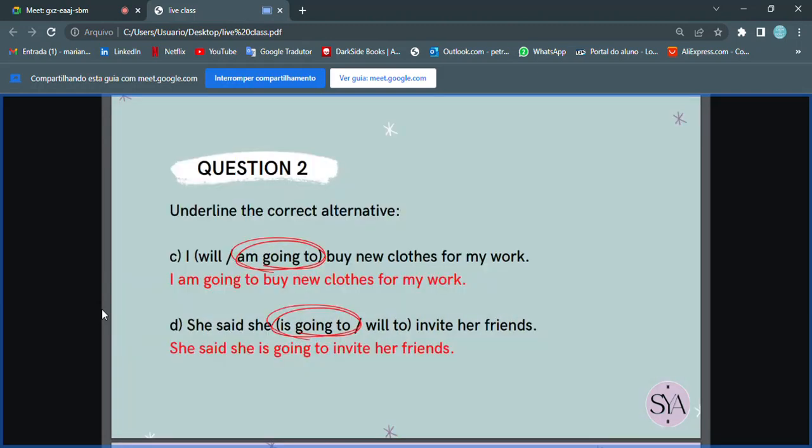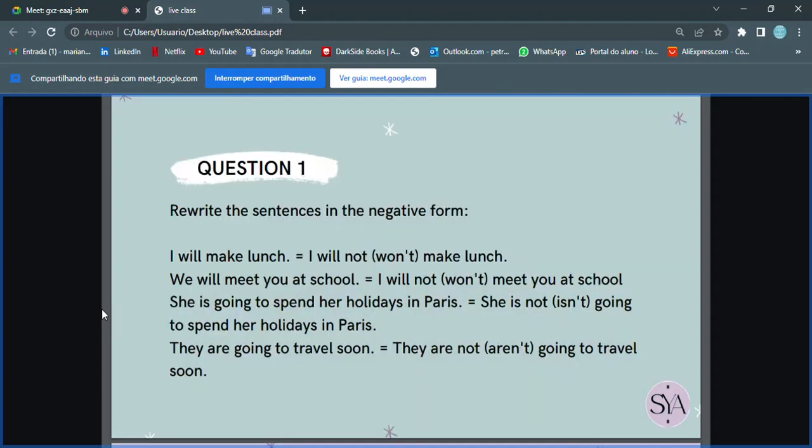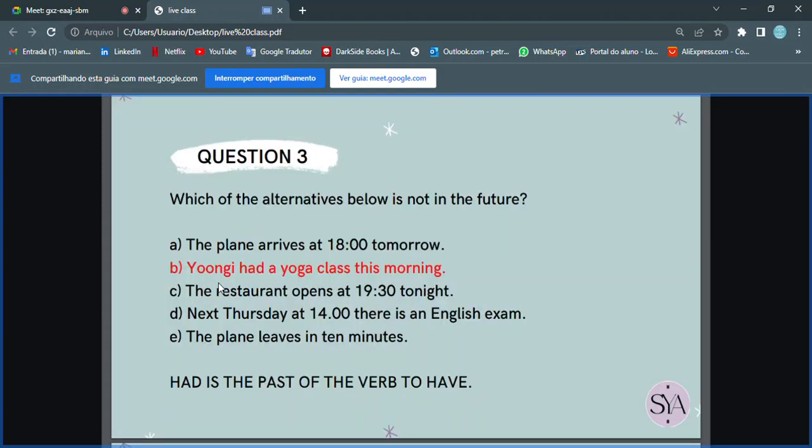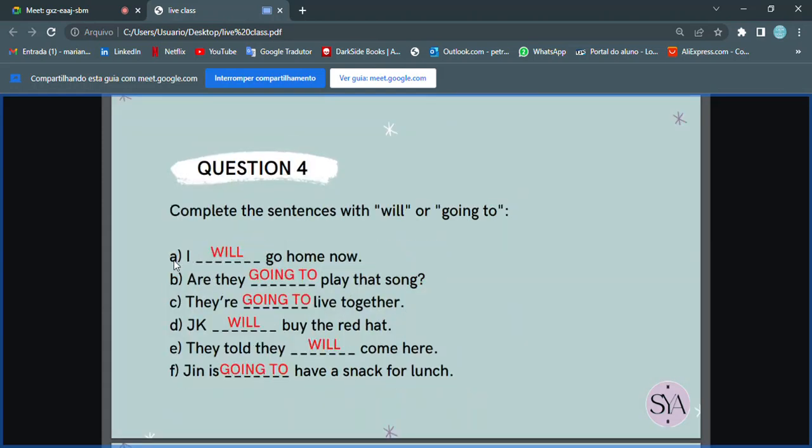I said that we don't use the will with the to be verb, right? You don't see "I am will make lunch" or "we are will meet you at school." We don't use the to be verb together with the will. So what you could do is see if the sentence has the to be verb or not.